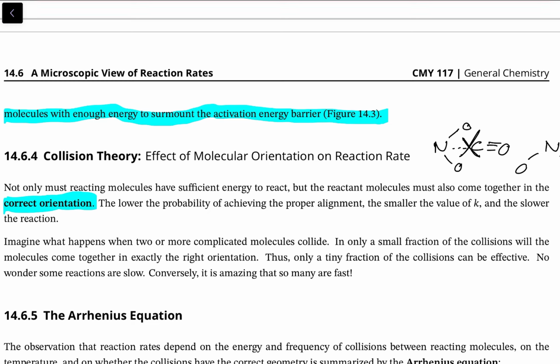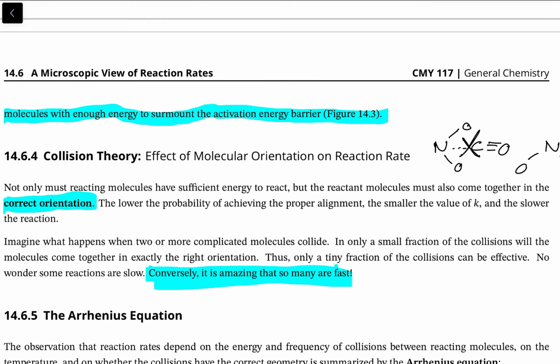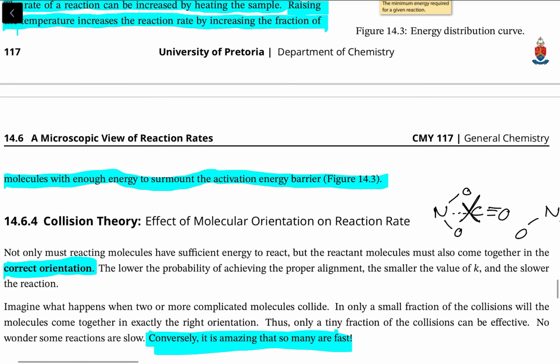So hence it's actually amazing that many reactions are as fast as they are. So that's my final point on this. In the next video, now that we have all this understanding of the molecular viewpoint of reactions, we will start looking at what we can do with that. How can we calculate anything useful and so forth?